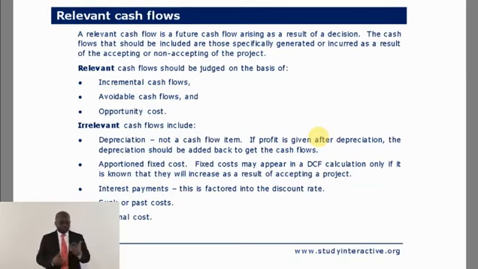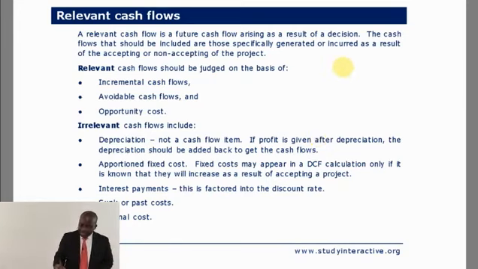So let's refresh our minds on what relevant cash flows are. Relevant cash flows are those cash flows that will influence the decision as to whether the project should be acceptable or not. And for a cash flow to be relevant, it should possess two broad characteristics.